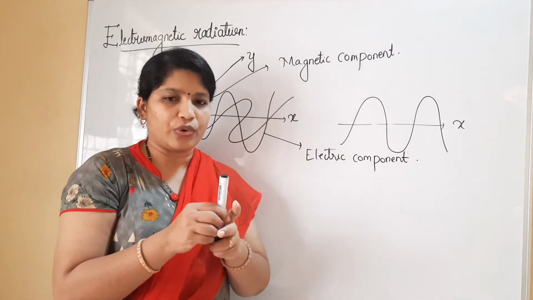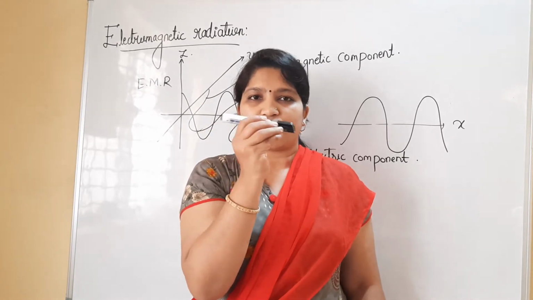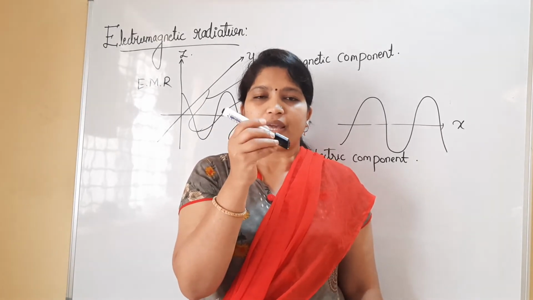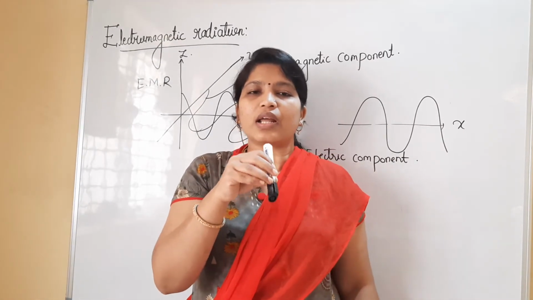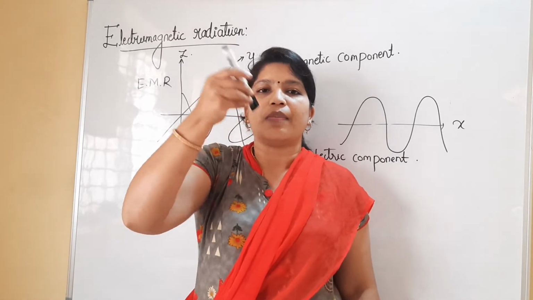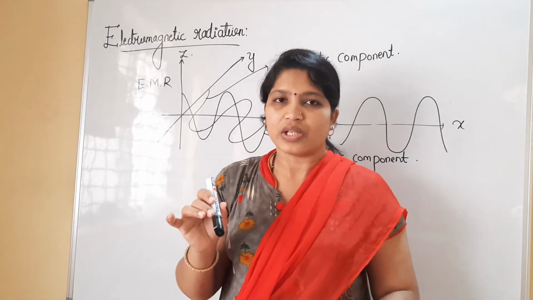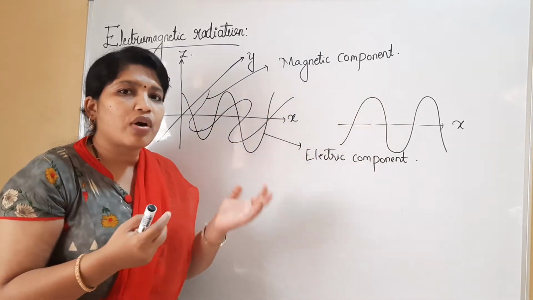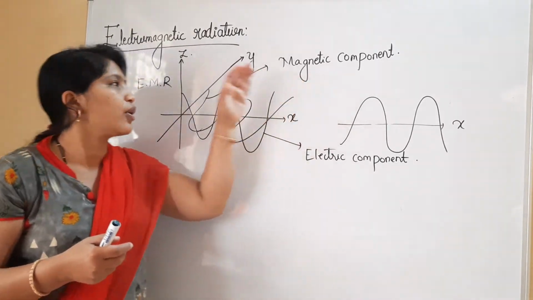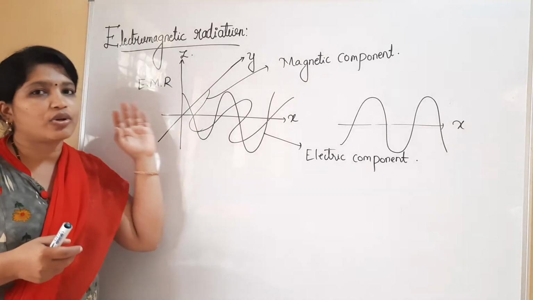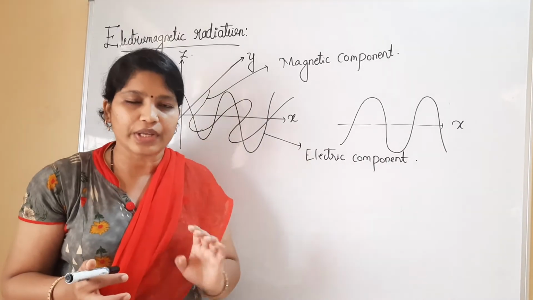See here, I may show you. On the x axis, waves will vibrate in this fashion, and on the y axis, they will vibrate in this fashion above the plane, and similarly on the z axis, they will vibrate in the other direction. All are perpendicular to each other, and the combination of electric components and magnetic components together gives us electromagnetic radiation.